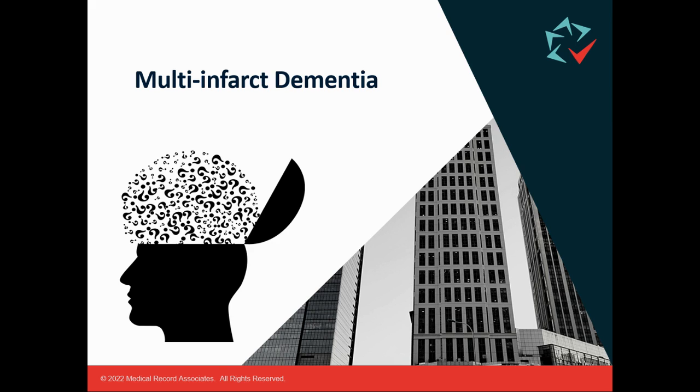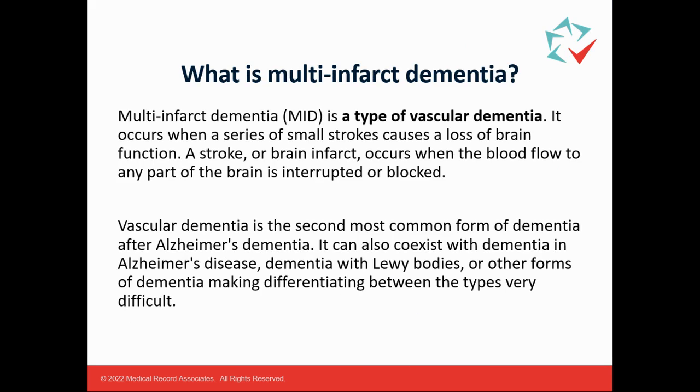So moving on in our dementia topics, we're going to talk about multi-infarct dementia. So what is multi-infarct dementia? Multi-infarct dementia is a type of vascular dementia, and you will often see it referred to as vascular dementia. It occurs when a series of small strokes causes a loss of brain function.